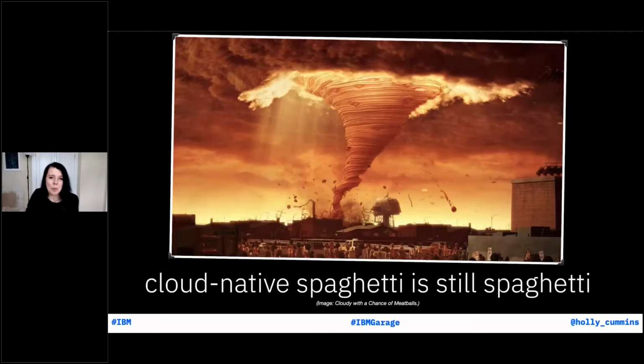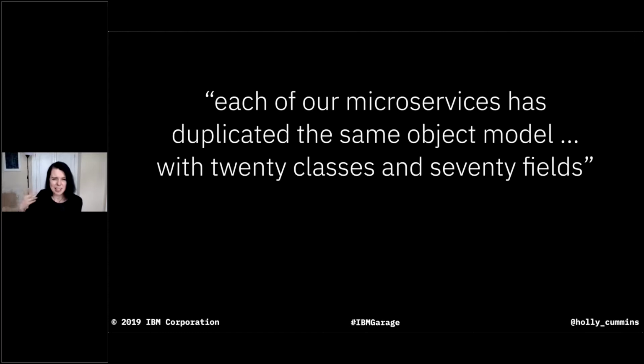So when I dug into what was going on with that application, I looked through the code and saw a lot of code that was just repeated in each microservice. I said, this code seems to be the same as that code over there. Why do we have the same code? And it turns out that there was quite a complicated object model.